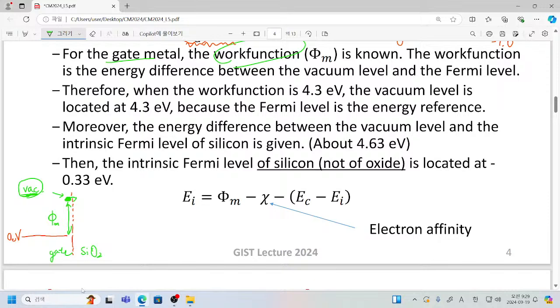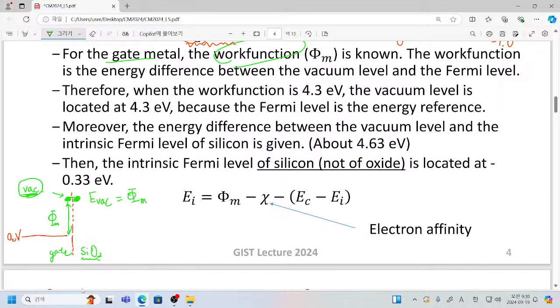So from this consideration, it is obvious that even at this point quite close to the boundary, our vacuum level will be continuous with that of our gate metal. So simply speaking, vacuum level, even at this silicon dioxide boundary, is equal to the metal work function.